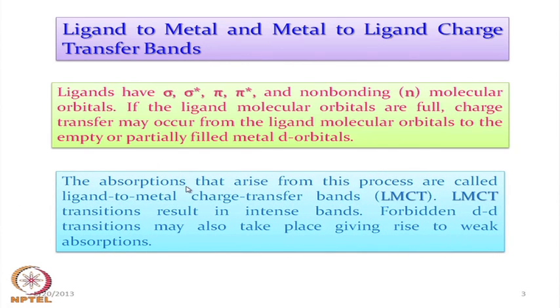So, in the absorption forming from a process of this type, that means ligand to metal charge transfer is taking place, and we will be getting the corresponding bands as LMCT bands.